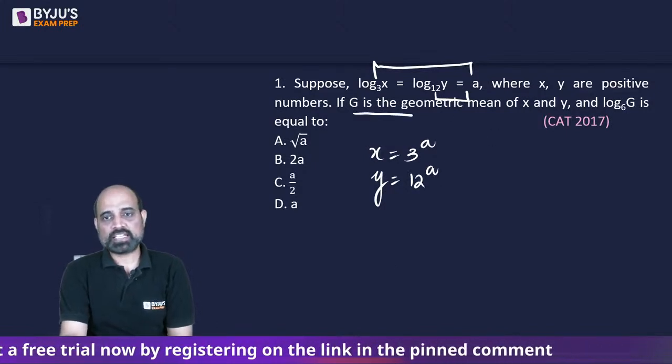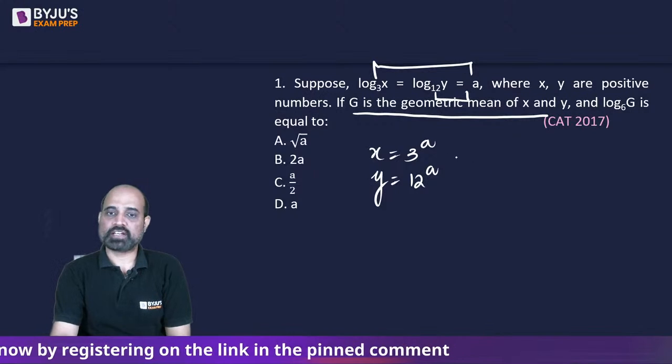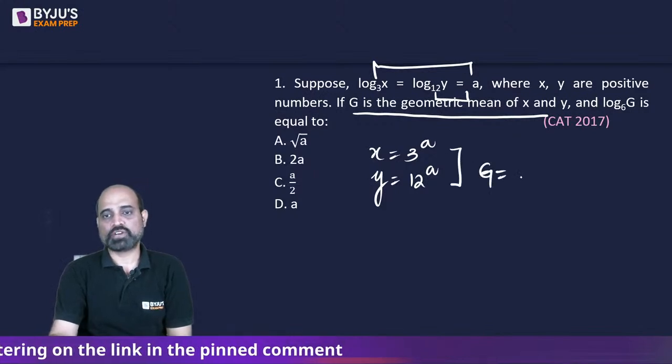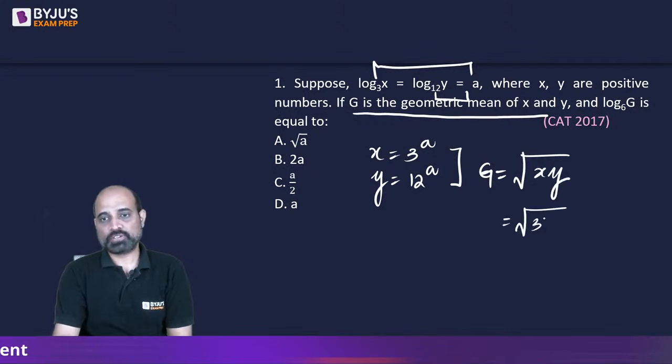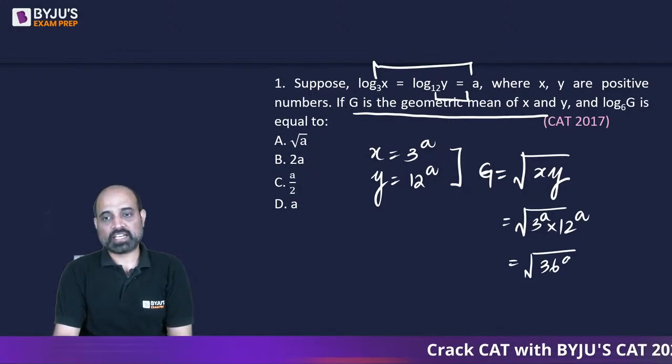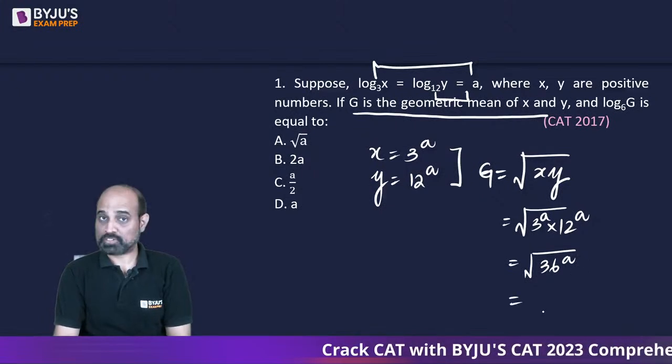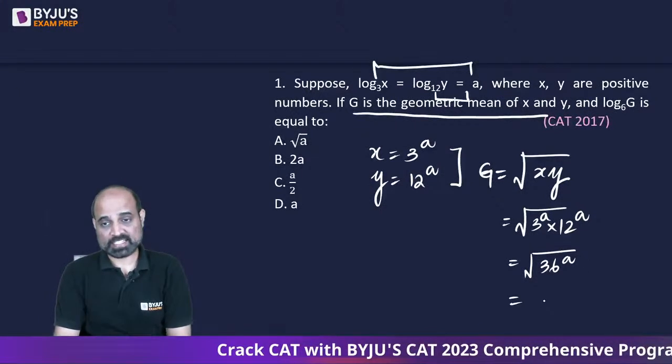Now it is given that g is the geometric mean of x and y. So g is going to be the square root of 3 to the power a into 12 to the power a, which will become 36 to the power a. Now the square root of 36 is 6, right?